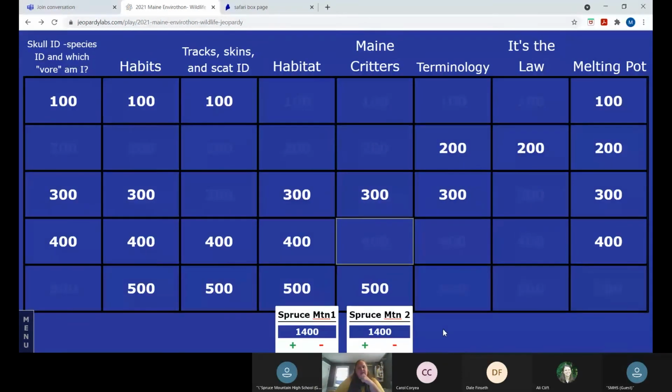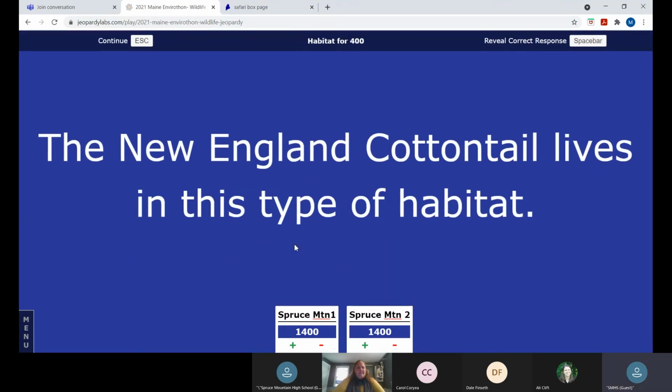So Spruce Mountain 1. Now let's go habitat for 400. The New England Cottontail lives in this type of habitat. I feel like we just talked about this. Grass.